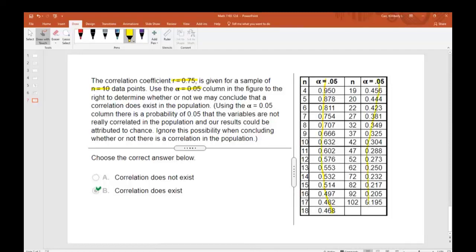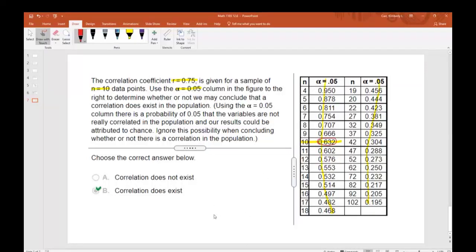Notice, even though this is in multiple columns, it's really one long chart. They only gave me the 0.05 for this, but I have lots and lots of n values. So n is 10. I only need to go to here because if I go any further, I've moved over into n is 42.